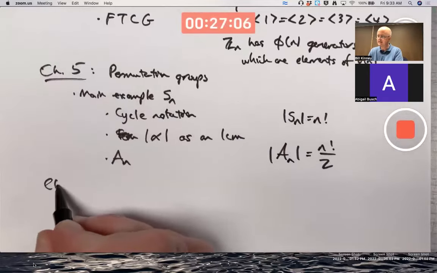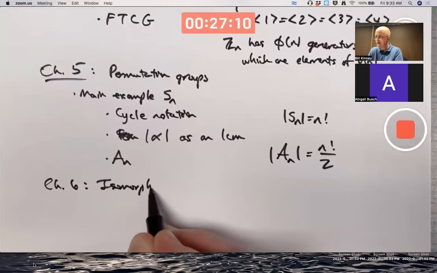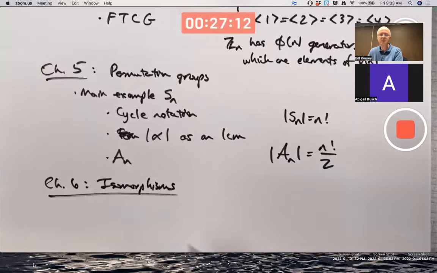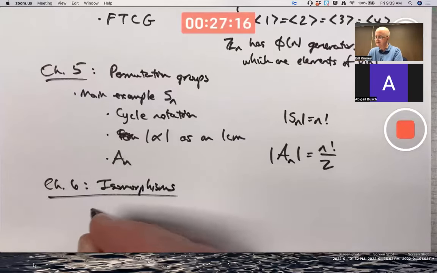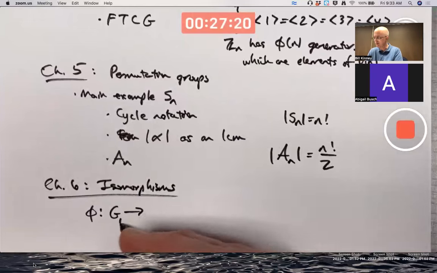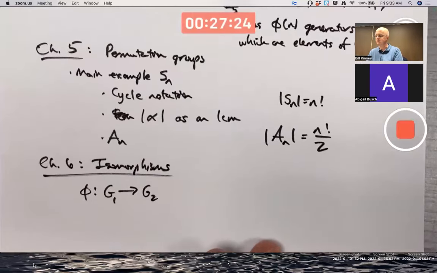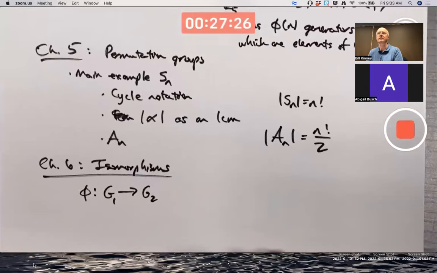Chapter 6 is isomorphisms. An isomorphism from a group, let's call it G1, to another group, G2, is one-to-one, onto, and an operation preserver.